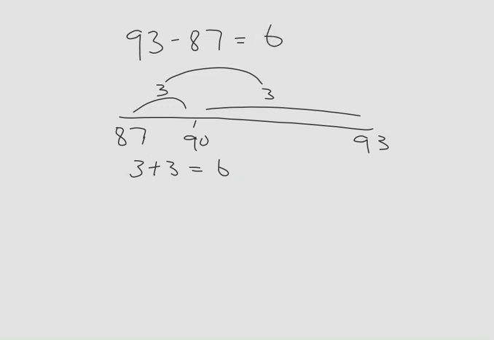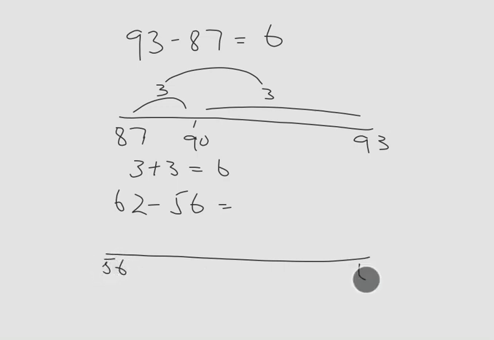This is the answer. Another example: 62 minus 56. How are you going to do it? Again, draw a line, write the smallest number here and the biggest number here. Convert this 56 into the nearest ten, that is 60.